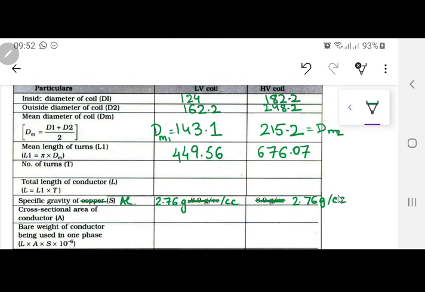Number of turns, I guess 76. They were 76 and on the high voltage coil including the tap.